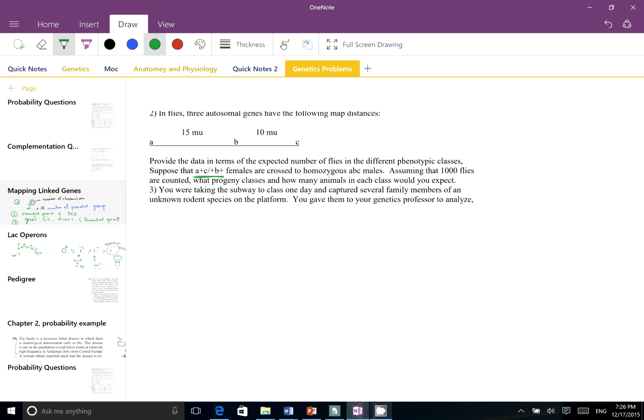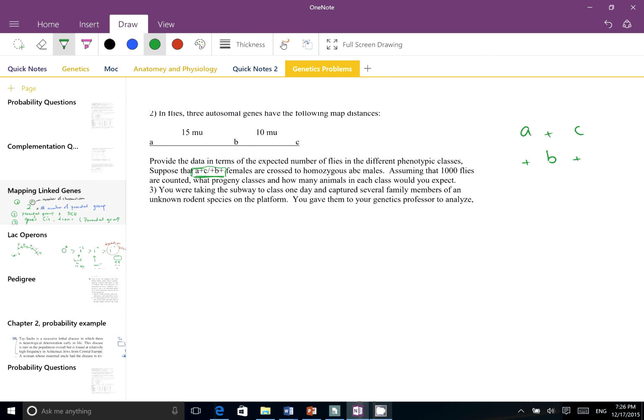Suppose that these females are crossed to homozygous ABC males. So you know that the parental group, especially for the females, is going to look like this. You're going to have A plus C, and B is in trans to those two.